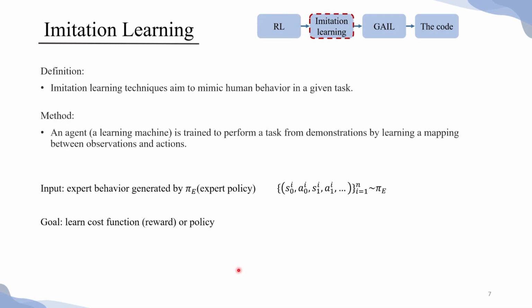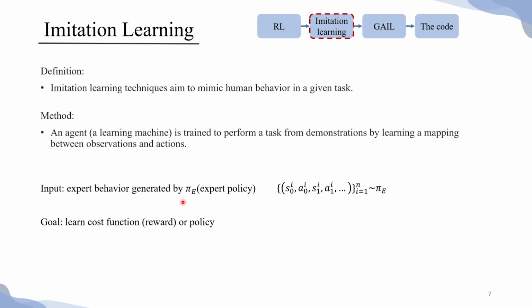Imitation learning is a technique where agents learn to act like humans. Instead of directly writing a reward function for the task, it learns from demonstrations provided by experts. Here, a demonstration means expert behavior created by the expert's policy.